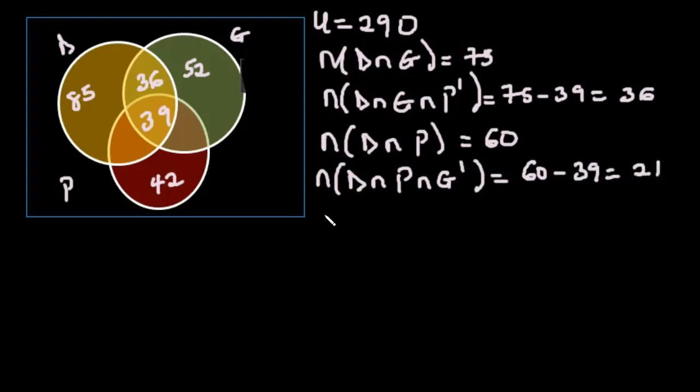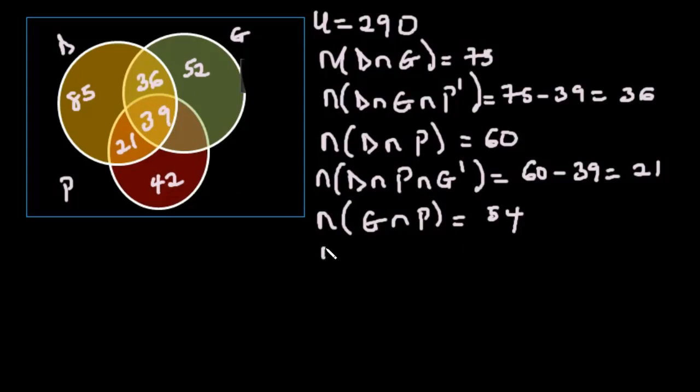So next, we've also been given the number of people who read Guardian and Punch to be 54. Sorry, I've not written this 21, but that's this portion here, and 39 has also been cut out because it involves the 3 of them.